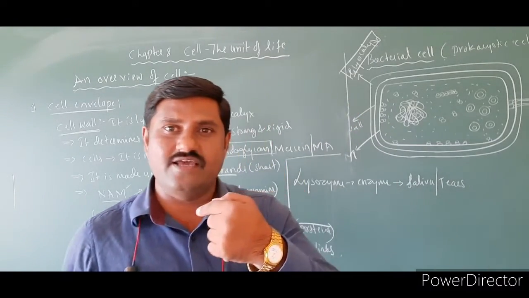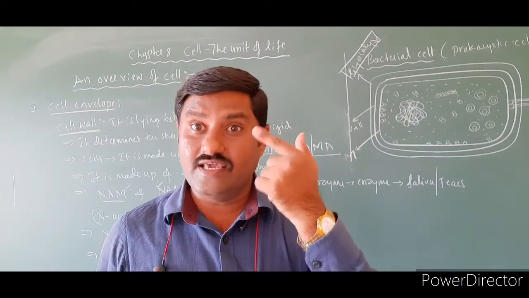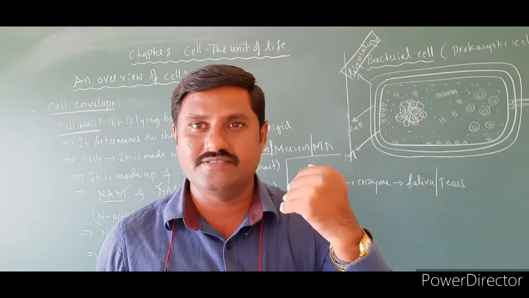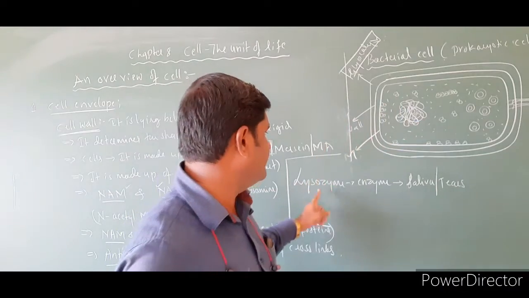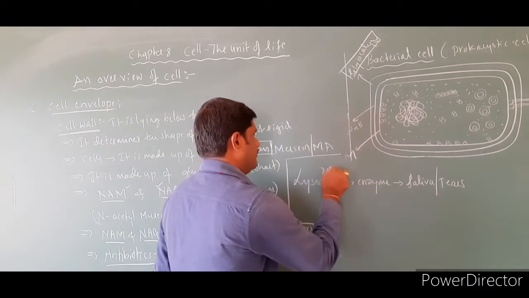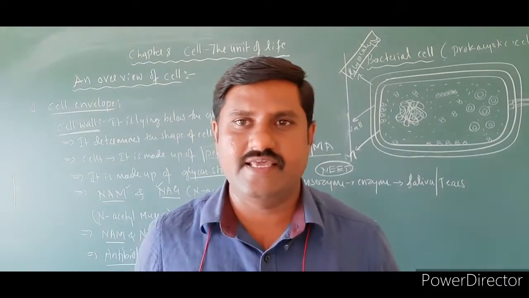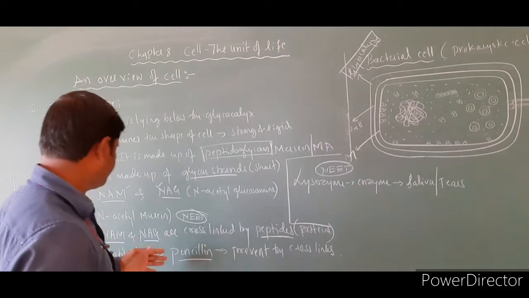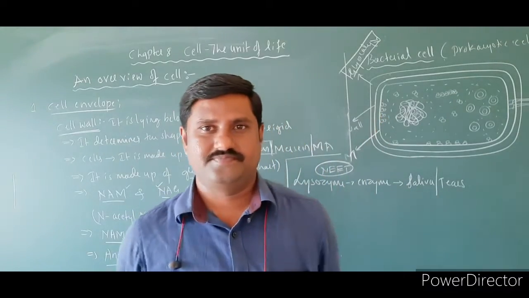That's why bacteria do not survive in saliva, and if any bacteria fall inside the eyes, they do not survive in the tears, because of the presence of the lysozyme enzyme. A very important point to be noted; you may come across this enzyme somewhere. So this is about the cell wall of the bacterial cell.